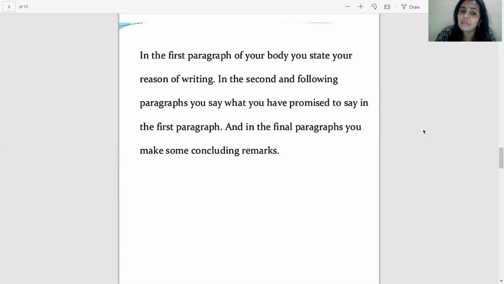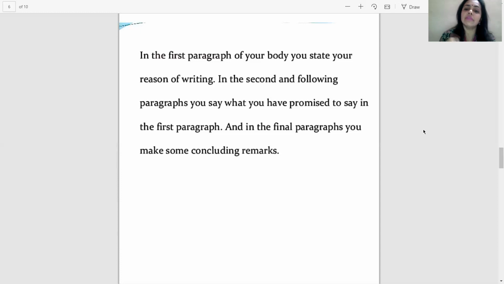So what will you do in the second paragraph? You will just continue the same reason. That means it will give a promising touch to your letter.